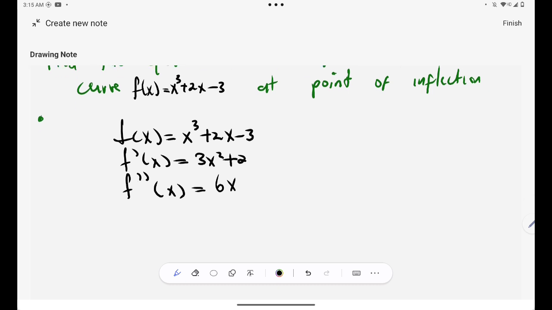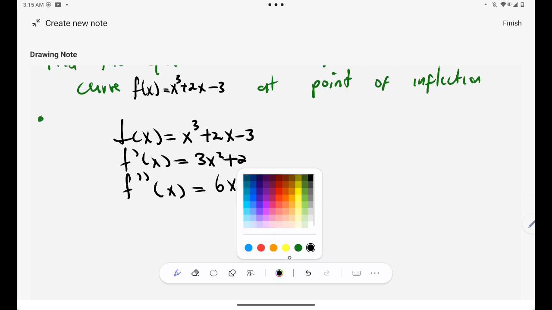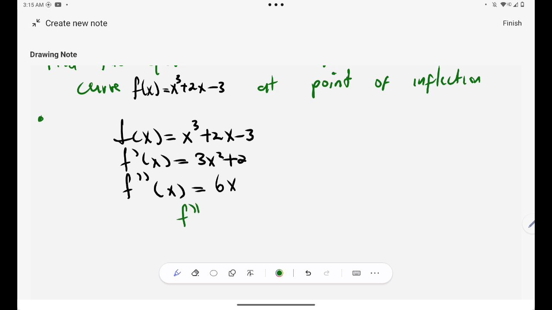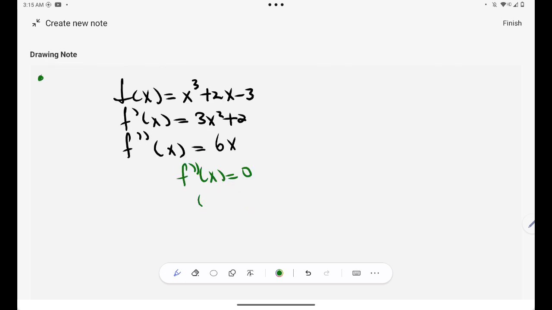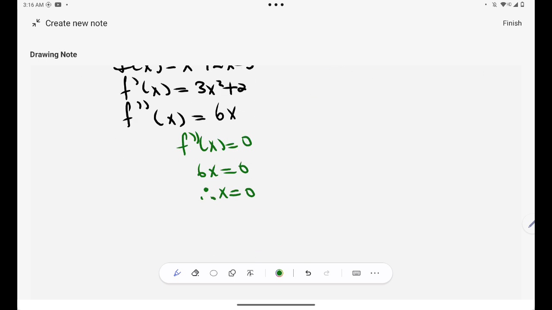Is 6x. For me to find the point of inflection, I need to say second derivative is equal to 0. Simply means that 6x is equal to 0. If I divide both sides by 6, therefore x will be 0. Now I know the x value at the point of inflection. I need to find the corresponding y value. Are we together?